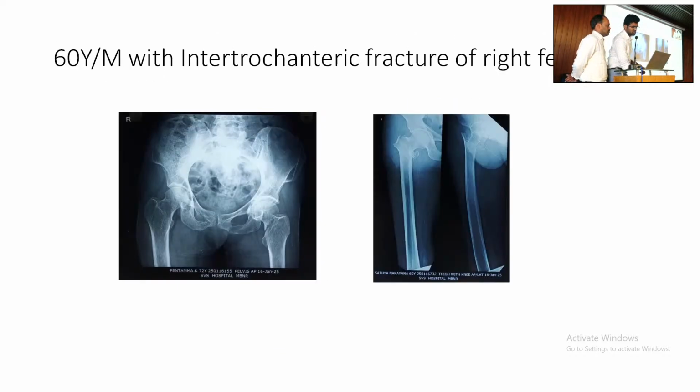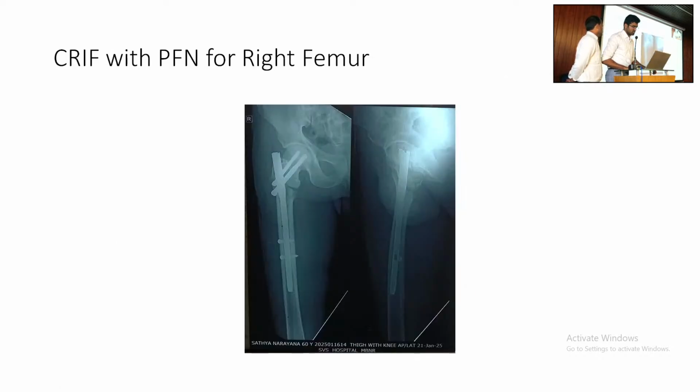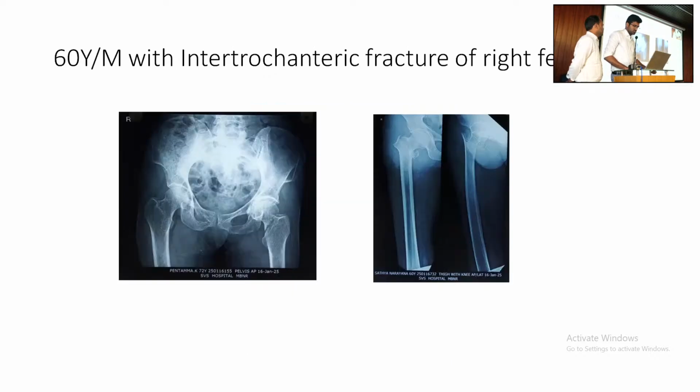60-year-old male with intertrochanteric fracture of right femur, sir. Boyd and Griffin type 1, sir. Closed reduction internal fixation with PFN for right femur, sir. Is it basicervical or intertrochanteric? Go back. It looks like basicervical or intertrochanteric. Sorry, sir, it was a basic mistake.